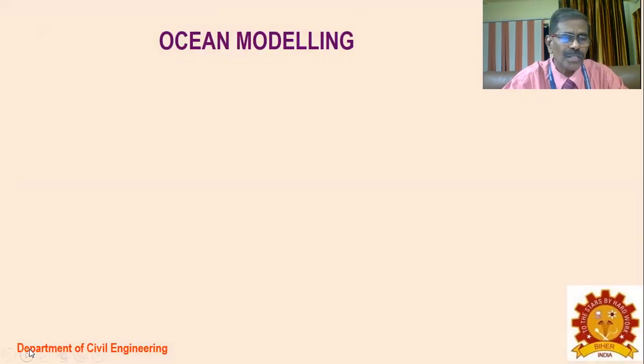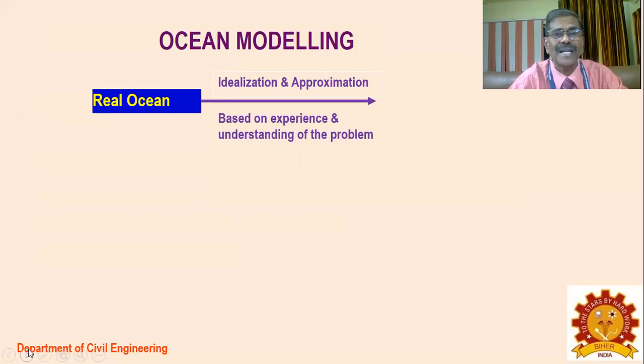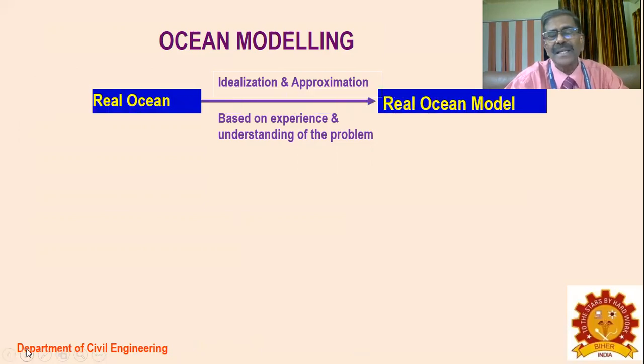So if you look into the ocean modeling, it's a real ocean, and you get a differential set of equations. Then idealized approximations based on the experience and understanding of the problem, based on the behavior of your ocean, then you can get the real ocean model.